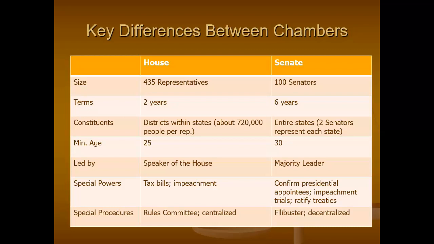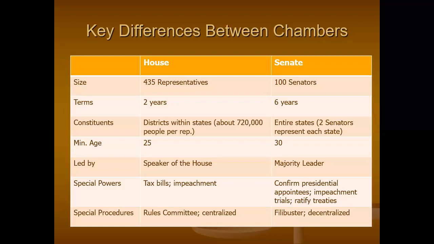Over on the Senate side, the top job goes to the Majority Leader. Now this position is certainly powerful, but it requires a much gentler touch than the Speaker of the House, because on the Senate side, individual senators feel much less obligated to go along with or abide by leadership demands than is the case in the House of Representatives.